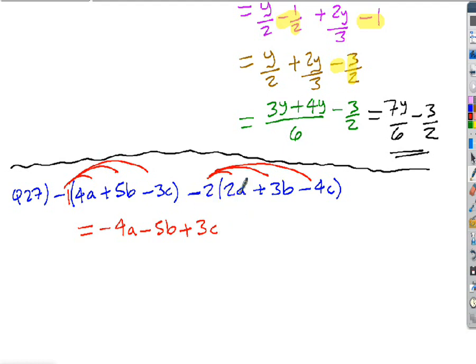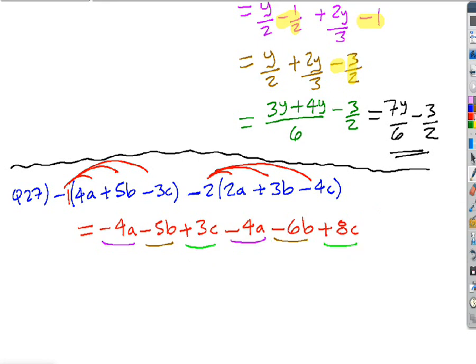Expanding the next bracket, negative 2 multiplied by 2a becomes negative 4a, negative 2 multiplied by positive 3b becomes negative 6b, and negative 2 multiplied by the negative 4c becomes positive 8c. Okay, looking for like terms here, I've got a negative 4a, a negative 4a here, a negative 5b here and a negative 6b here, and a positive 3c here and a positive 8c there.